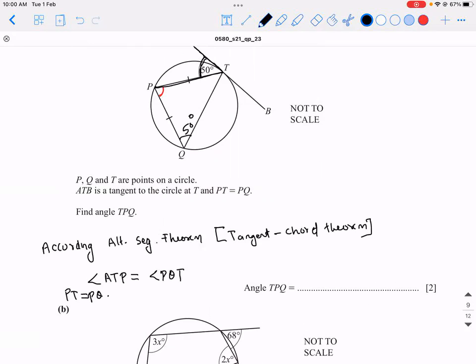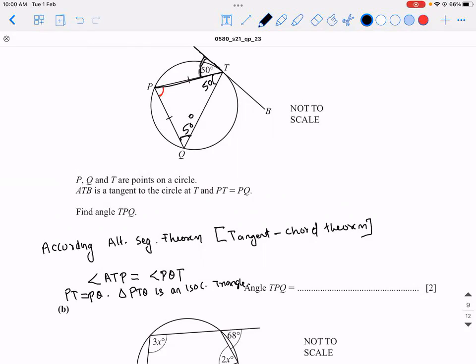Therefore, this triangle PTQ is an isosceles triangle. What is the speciality of an isosceles triangle? Base angles must be the same, right? That means if this is 50, this has to be 50. Therefore, according to the property of a triangle, the sum of the interior angles of a triangle adds up to 180.